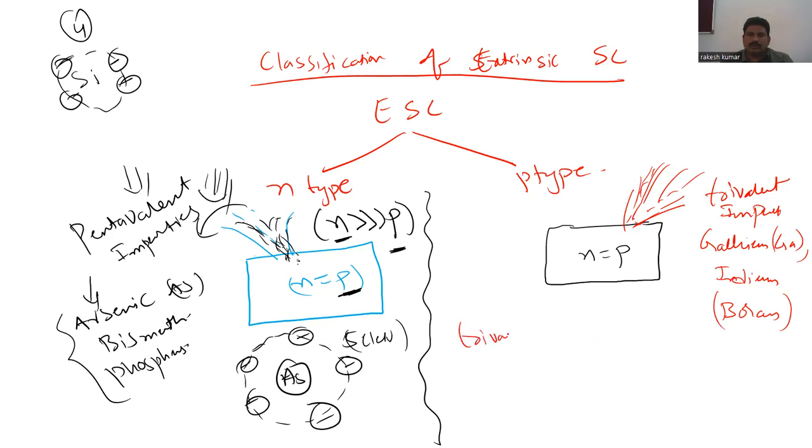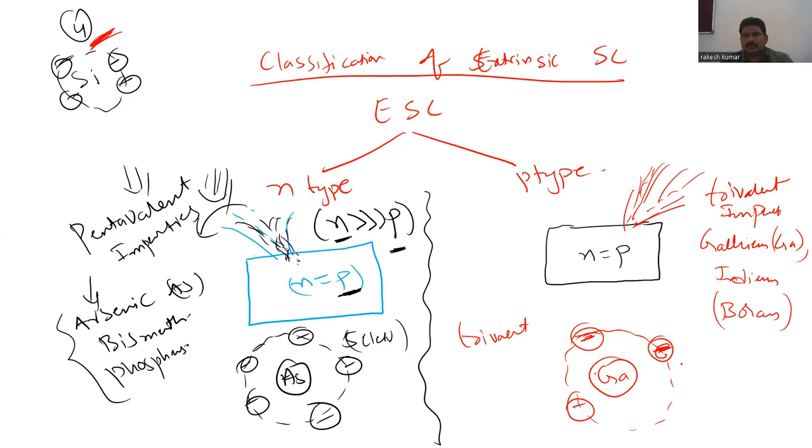If you come to this trivalent impurity structure, for example gallium, in the outermost orbit we have 3 electrons. The valence electrons are nothing but the outermost orbit electrons. We have only 3 electrons, whereas in silicon, a pure semiconductor, we have 4 electrons.